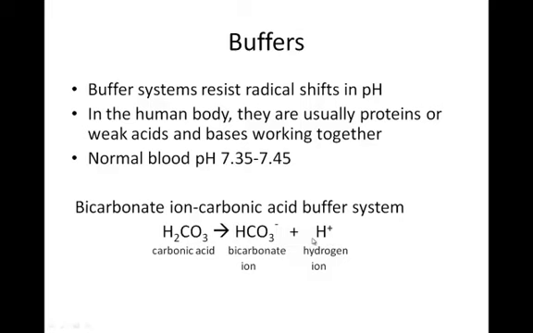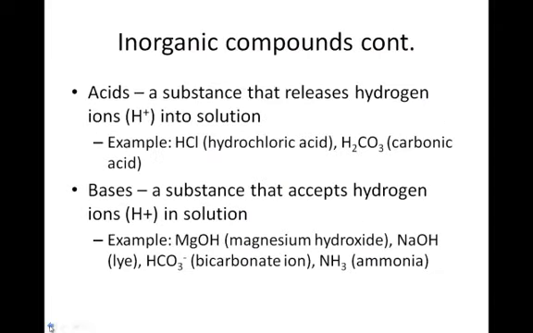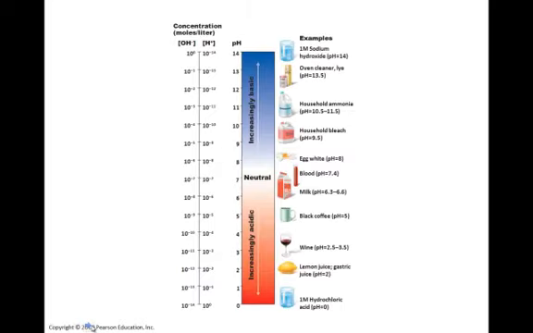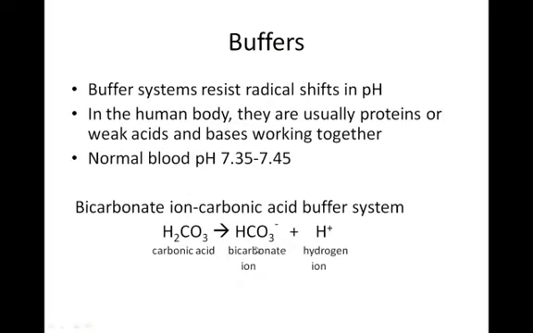What in your body binds up hydrogen ions? What substance accepts hydrogen ions in solution? It's a base. What are some examples of bases? Oh, the bicarbonate ion is an example of a base. There's the bicarbonate ion.